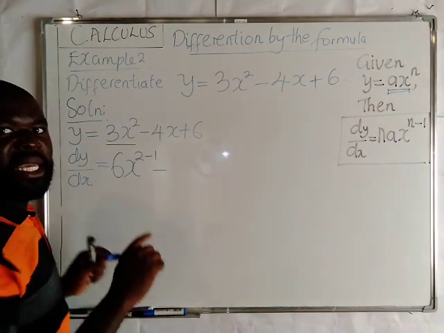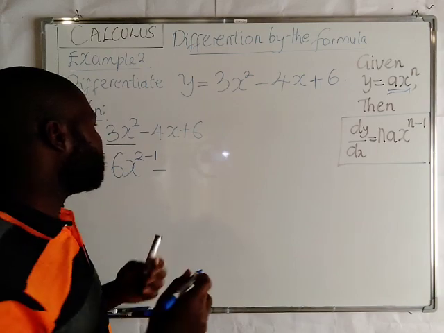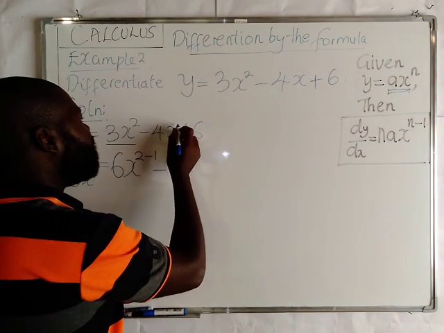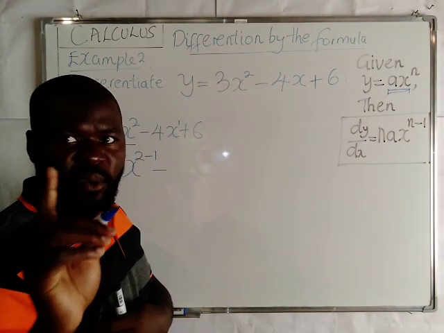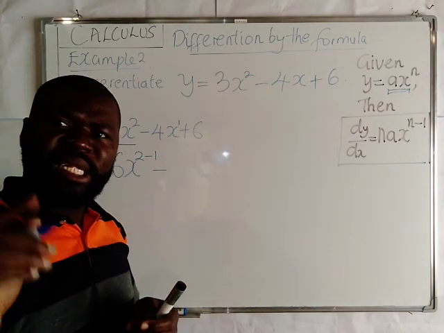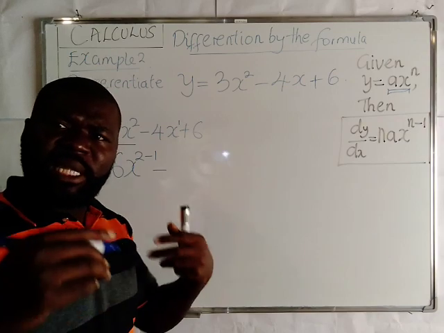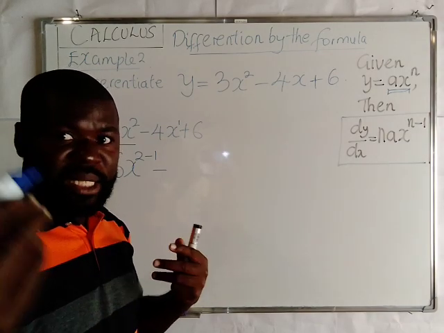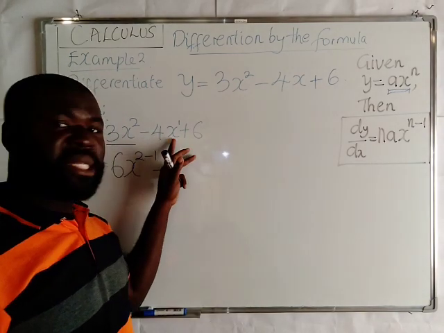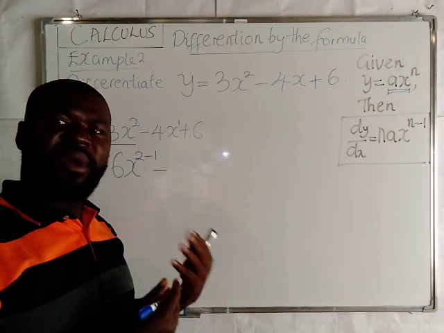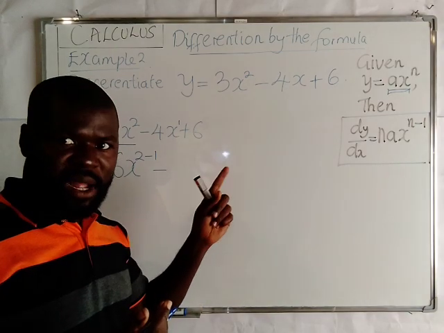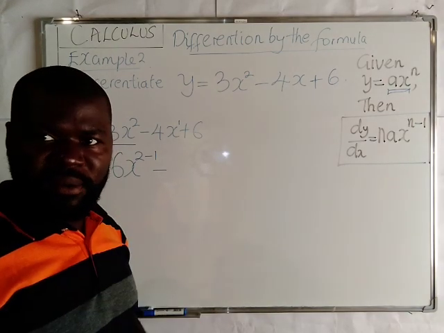Minus, we continue on the next term. You can see the way this term is negative 4x. The x is raised to the power 1. Now, when a letter or a variable is raised to the power 1, we don't write that power on that variable because it is already 1. So that's why we have 4x without the 1. But when we are working out as we are doing, we reintroduce the power 1 so that it is visible in our calculations.